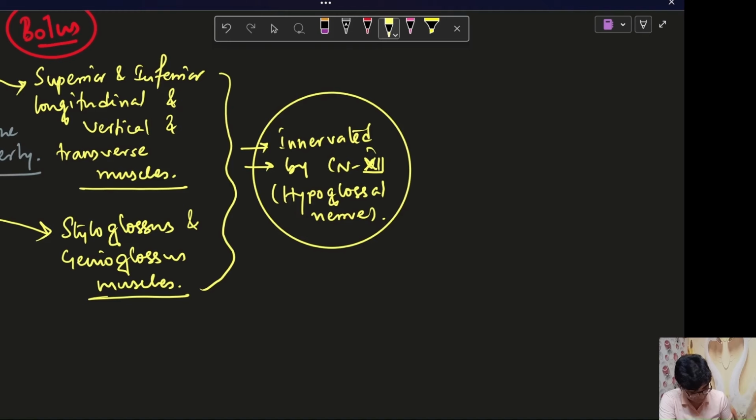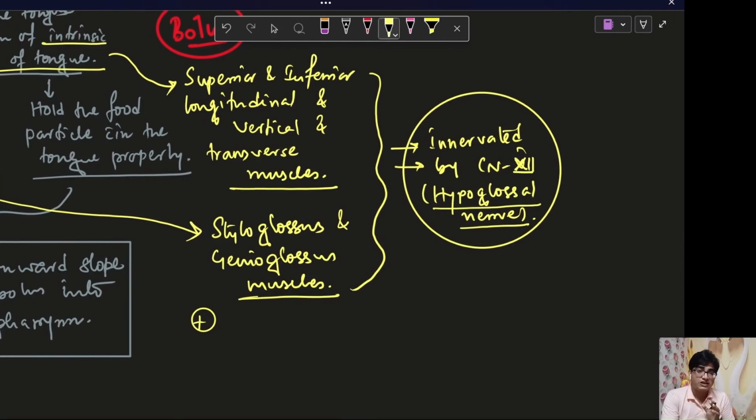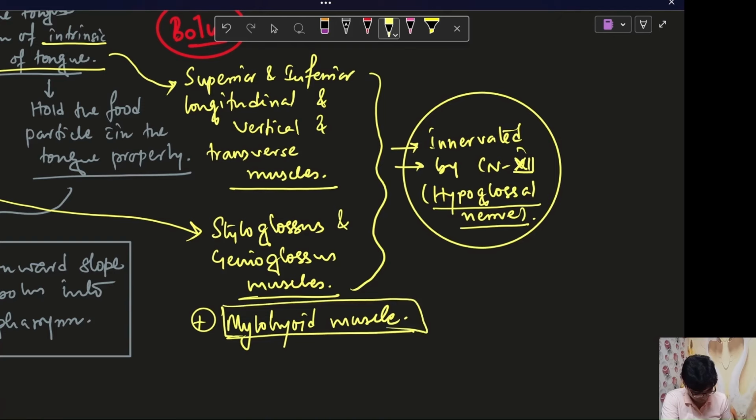You should also know that the styloglossus and genioglossus muscles, the main extrinsic muscles of the tongue, are helped in their action by the mylohyoid muscle, which is also considered one of the important extrinsic muscles of the tongue, I believe. Correct?